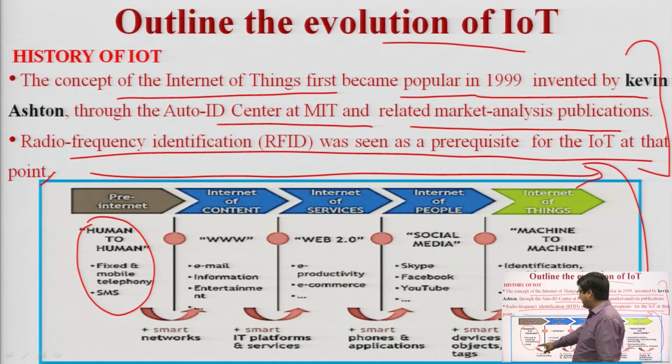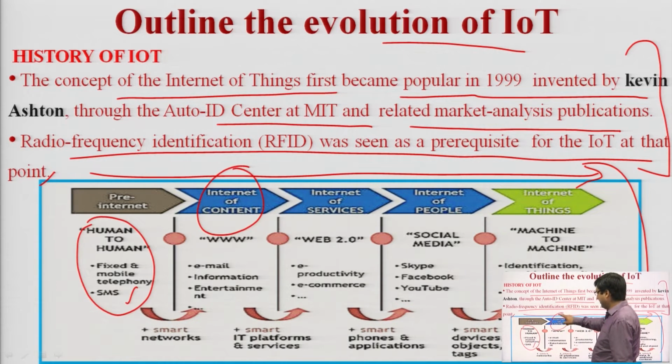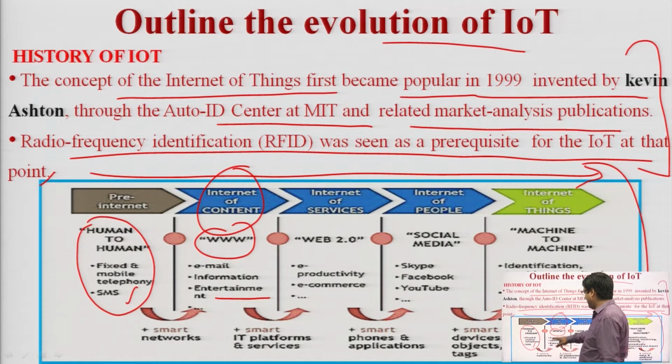We could send SMS, basically calls. So, human-to-human connection. After that, the internet of content was the introduction of the internet only, not things. The World Wide Web was there. We can chat with each other, watch movies, do email, and information can be transmitted.